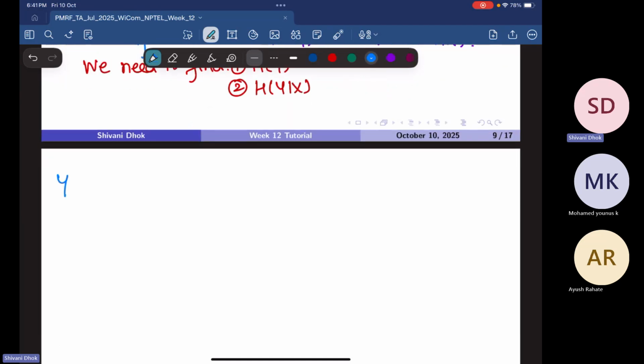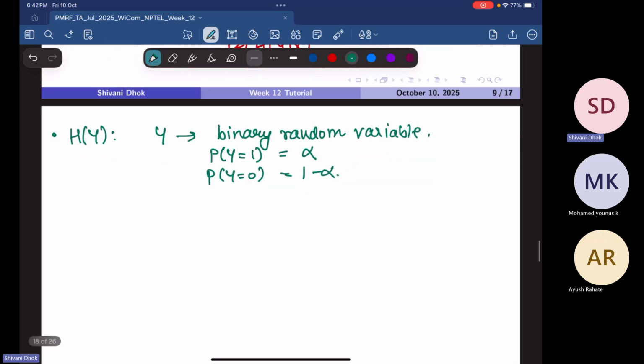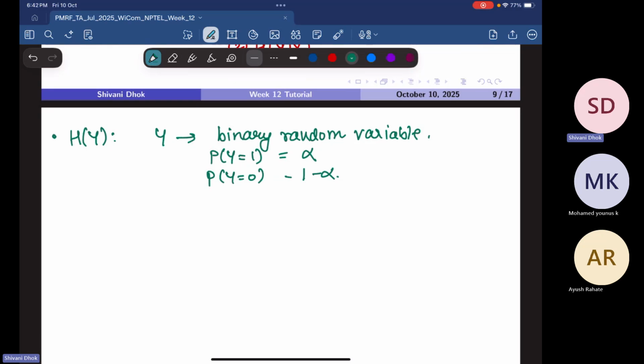So this Y is a binary random variable. Let's say that the probability of Y equal to 1 is alpha, then the probability of Y equal to 0 will be 1 minus alpha. So what will be my H of Y?